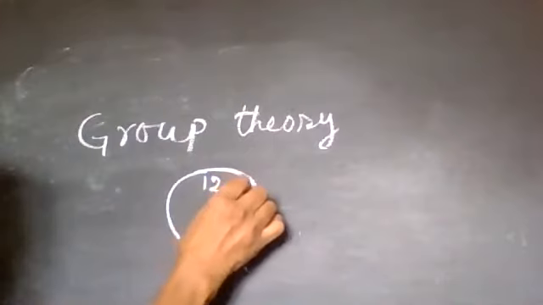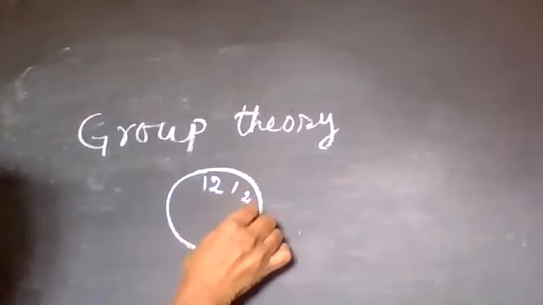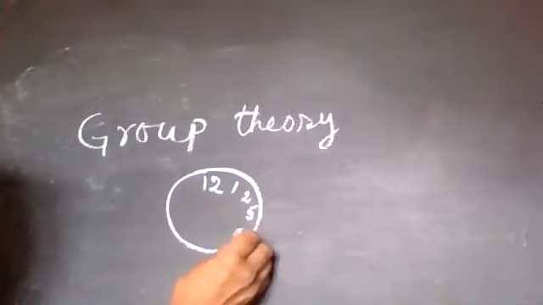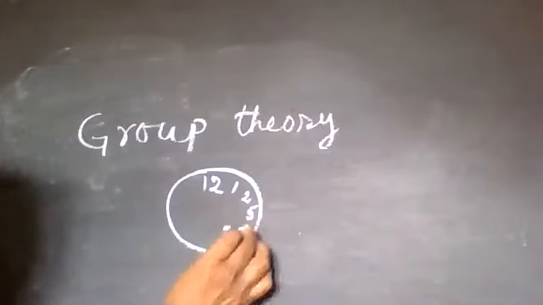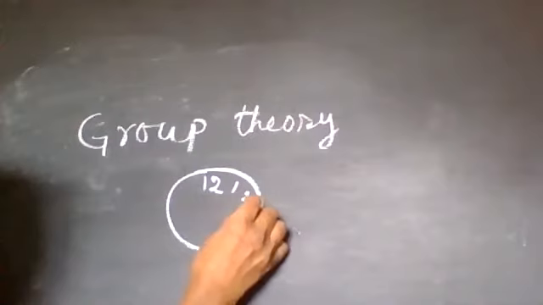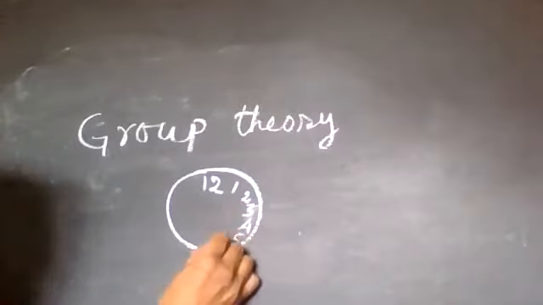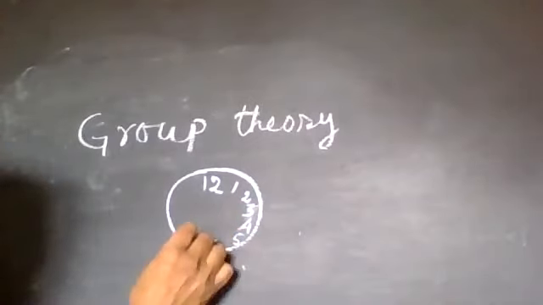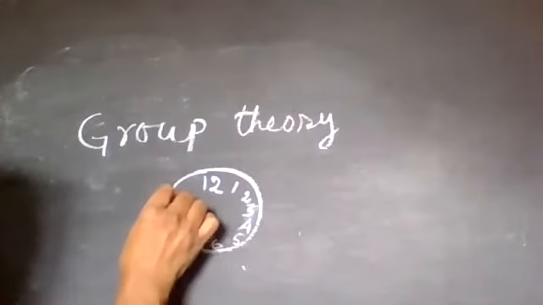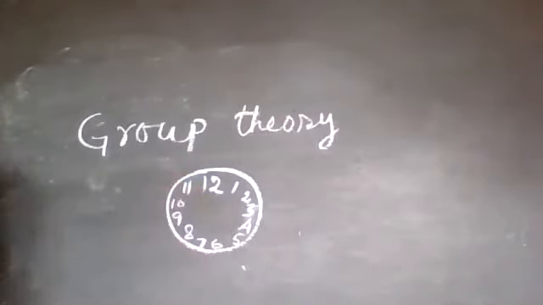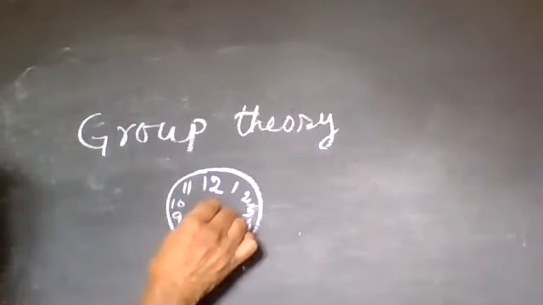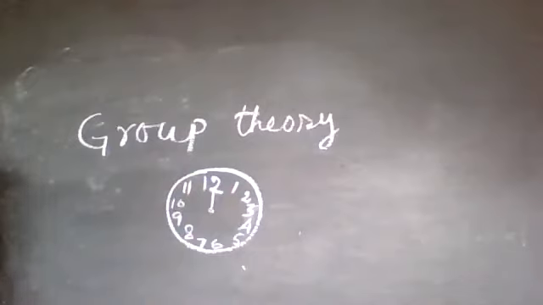Now I think you are going to guess that, well, it is the face of a clock, and this is only one hand of the clock. It may be second, it may be minute, it may be hour.